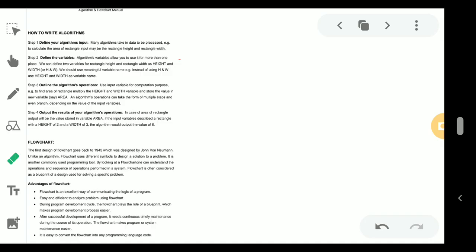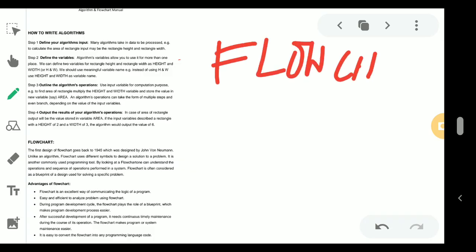Now coming to the topic, flowchart. What is actually a flowchart? The first design of a flowchart goes back to the year 1945, designed by John von Neumann. Can you tell me another invention of John von Neumann?